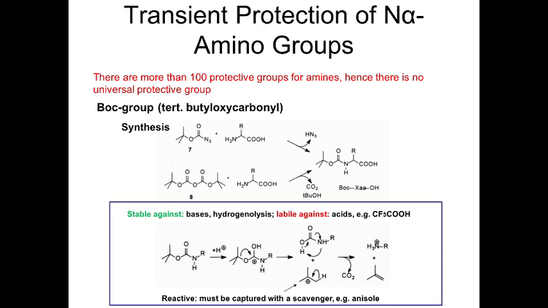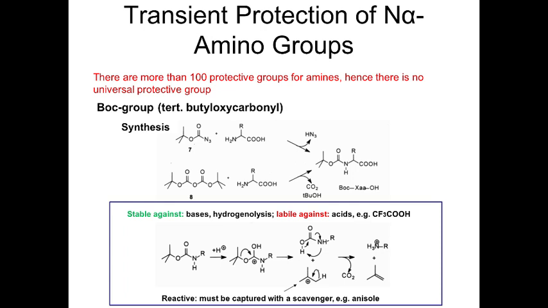We can, for example, start with compound 7, which is an azide, and this azide can selectively react with the amino group of the amino acid, and we form the Boc-protected amino acid. We can also start with the starting material 8, which is the Boc anhydride.